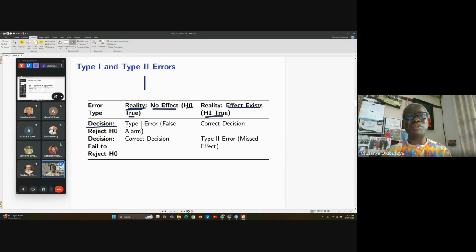Now, a type 1 error will occur when you reject that claim in the null hypothesis. When you reject the true hypothesis, this null that is true, then you have committed a type 1 error. Is that okay? Yes. Good.